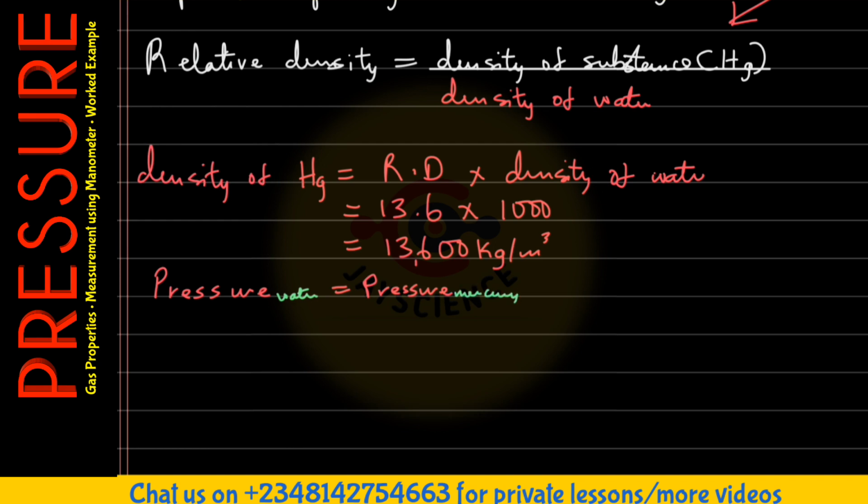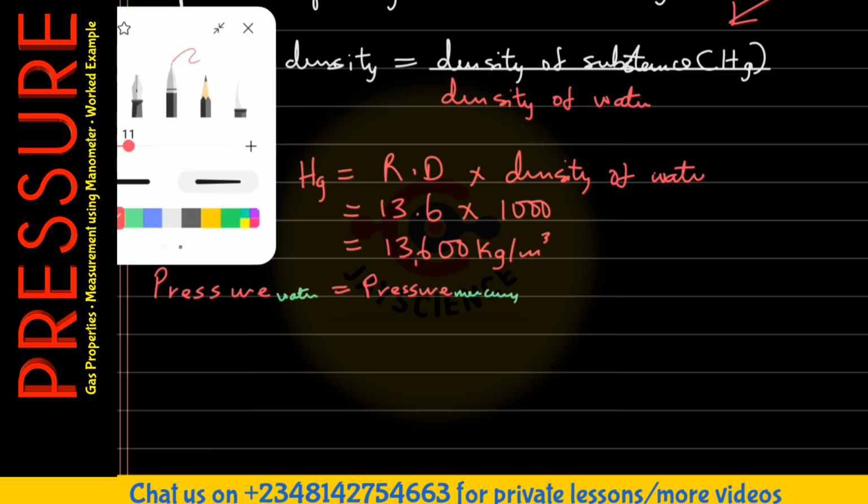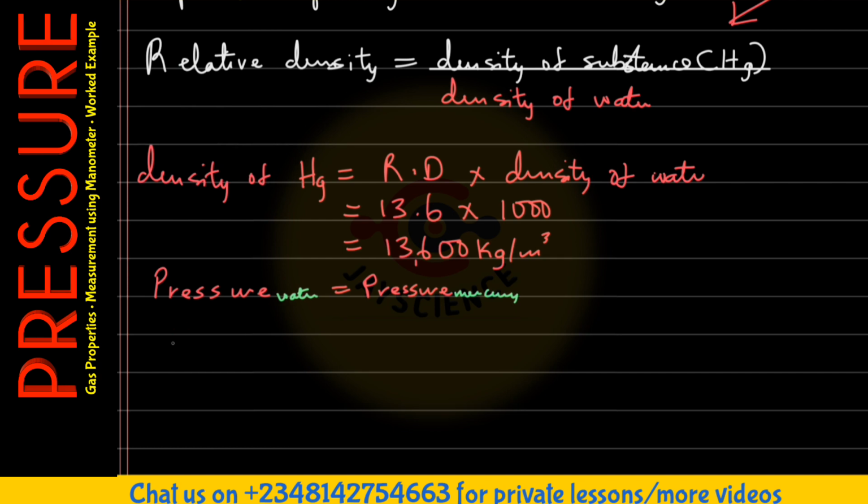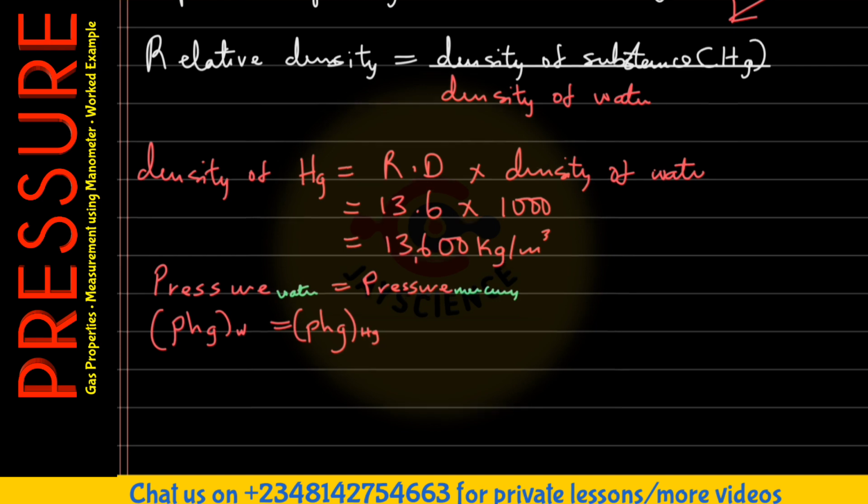And pressure is rho times height times gravity. For water, that equals rho times height times gravity for mercury, Hg.